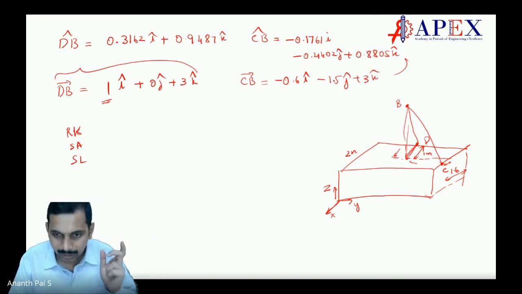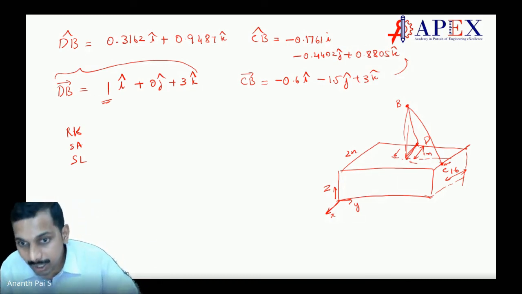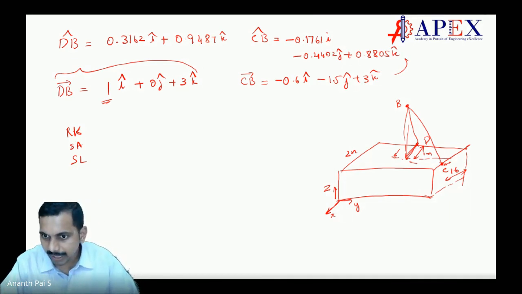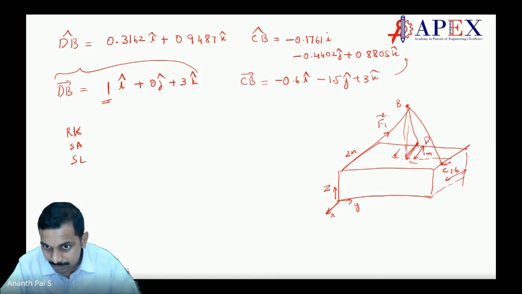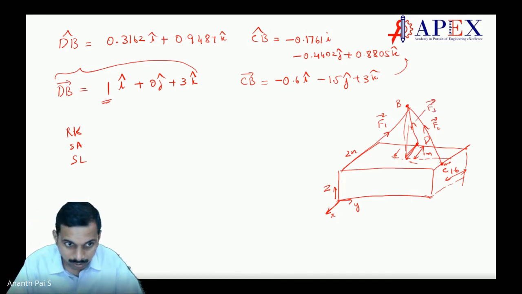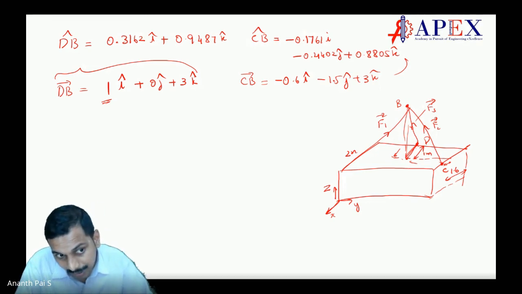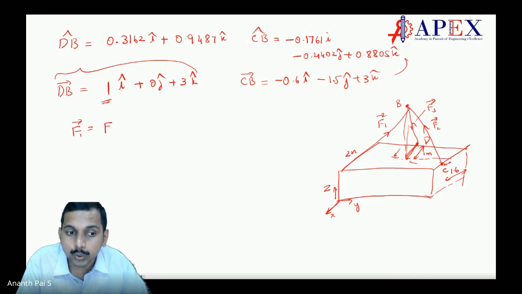Okay. Now let us understand further how to go. See, we have got the unit vector and we have to get the forces here, correct? So forces, this is F1 force, this is F2 force, then this is F3 force. Correct. So now what is important here is this F1 force is equal to magnitude of F1 force into unit vector AB.